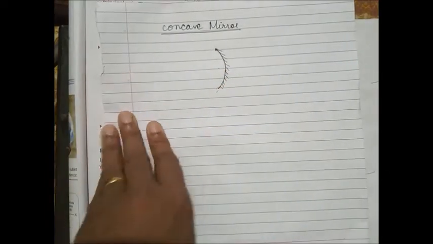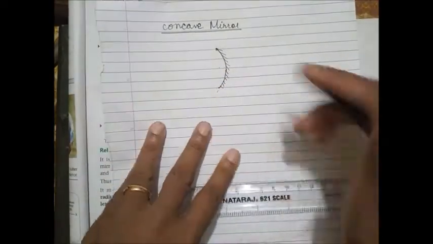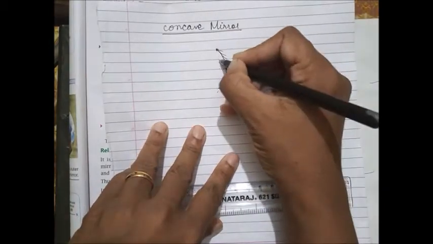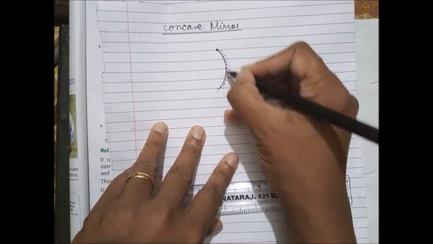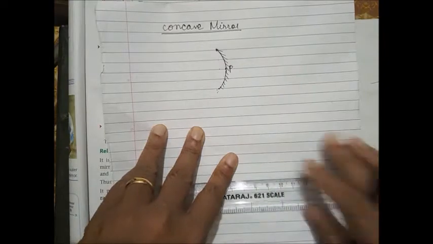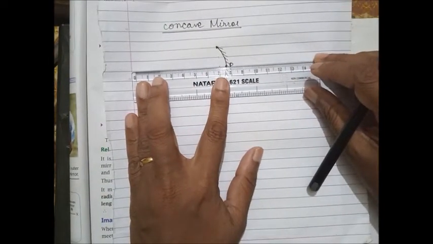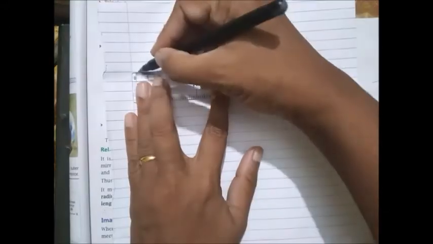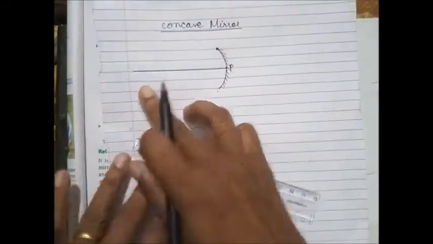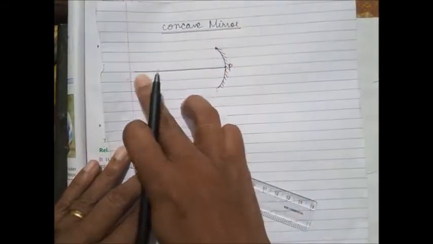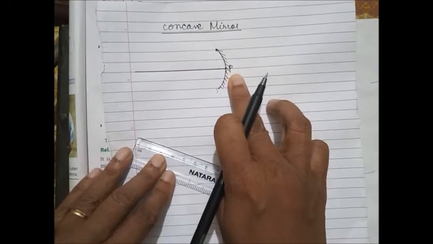Now, the center of this is called the pole. Because we have chosen 5 lines, the third line will be the center and you can mark P here. Now, what you do? With a scale, you draw a straight line. This is the principal axis. This line is called the principal axis.